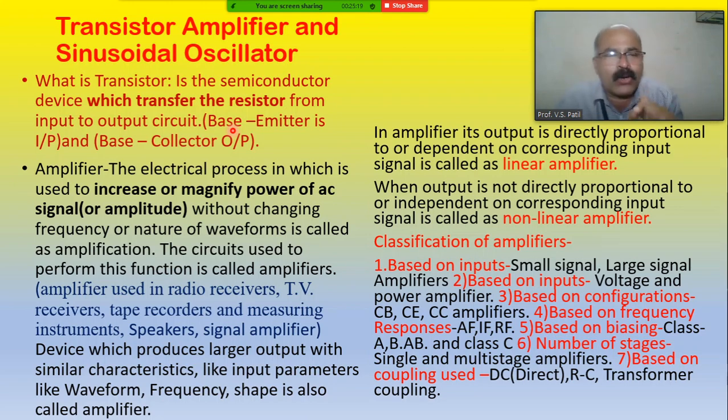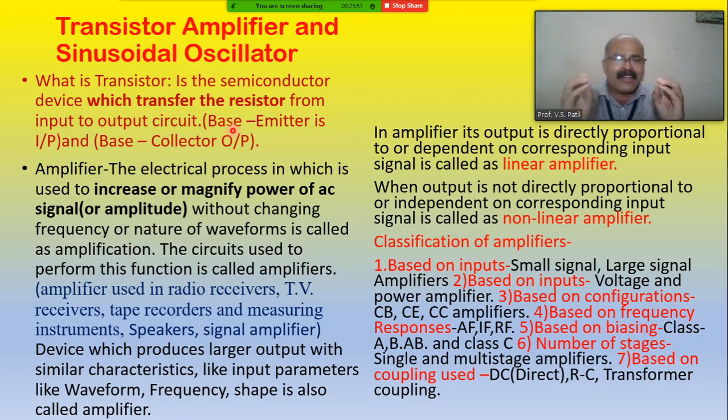This is the specific role of the transistor, and the transistor in each circuit plays its role. And what role? That is its basic characteristic: to transfer the resistance from input circuit to output circuit, means from junction J1 to junction J2. It means from base, emitter to base, टू बेस टू कलेक्टर. ह्या दोन जंक्शन मध्ये रेजिस्टन्स ट्रान्सफर करायचं काम कोण करतो? ट्रान्झिस्टर करतो.